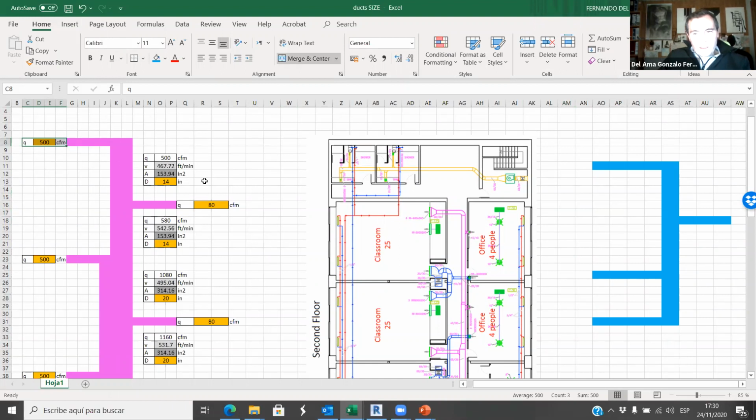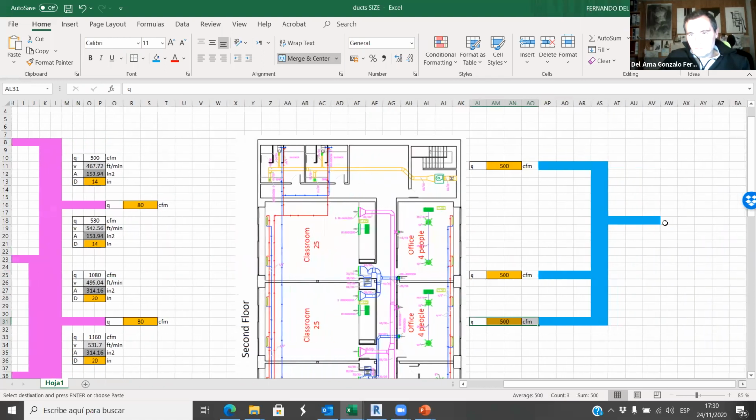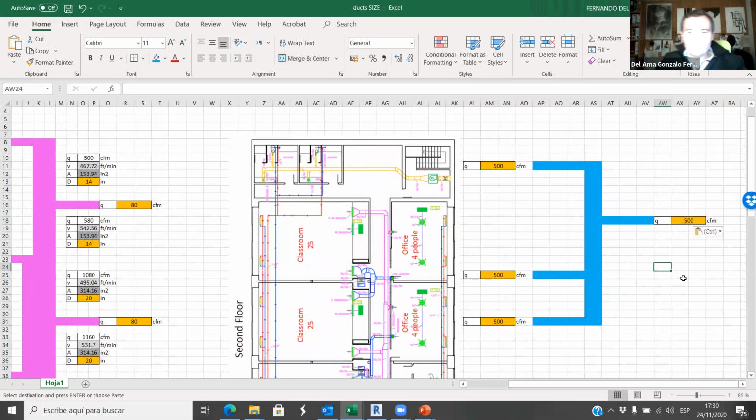We can insert this here. So with this, we can type if this CFM is 400, this is 100, this is 200, and this is 300. So it depends on the occupancy, the CFM that we have on all these diffusers.